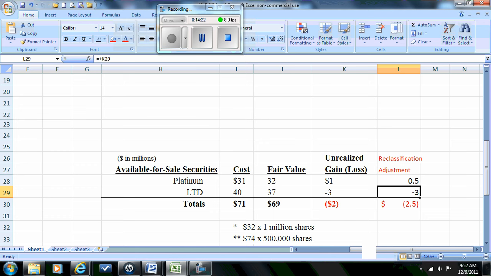For LTD, we don't own any of that stock anymore, so we are going to reclassify all of the unrealized $3 million loss. So the net amount will be the positive 0.5 minus 3 for a total reclassification of other comprehensive income of 2.5, and we will reduce down the fair value adjustment by 2.5.